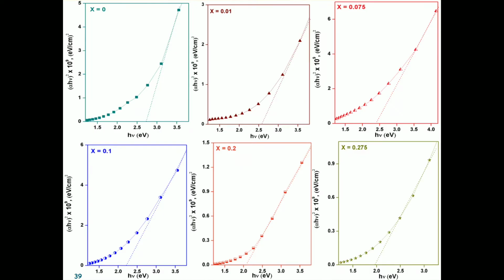From the alpha values, we have plotted graphs of (αhν)² versus hν for band gap determination. The plots show the band gap of various compositions.